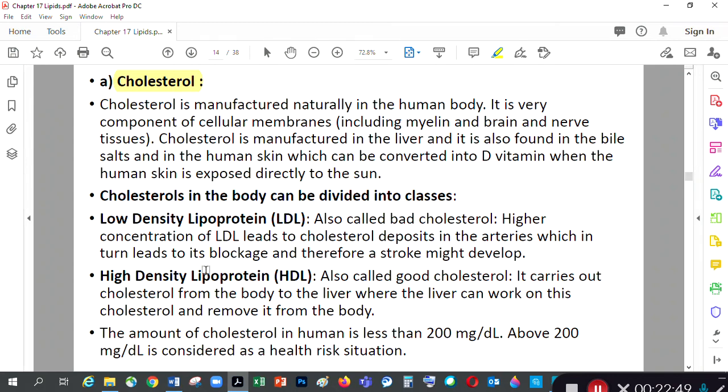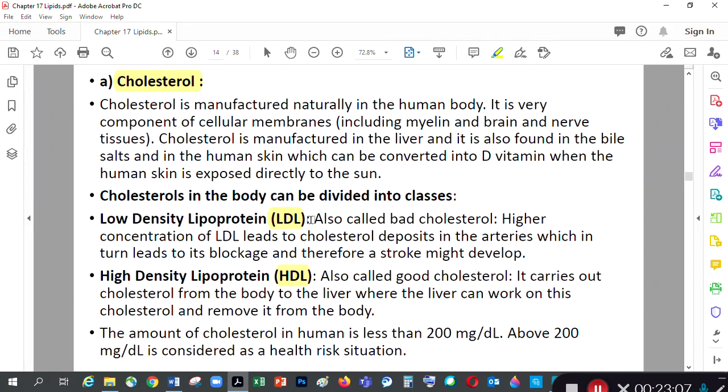Now you will see there is good cholesterol and bad cholesterol. Cholesterol can be divided into 2 classes: low density lipoprotein, LDL, and high density lipoprotein, HDL.